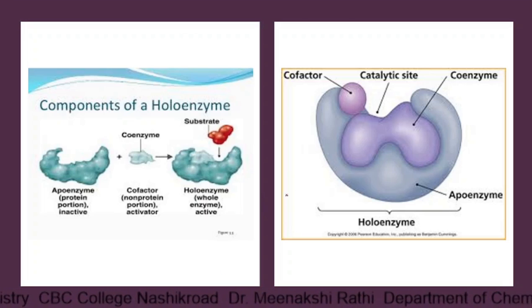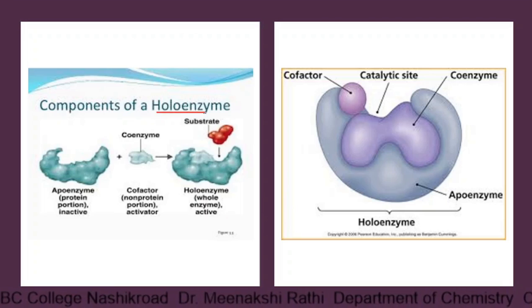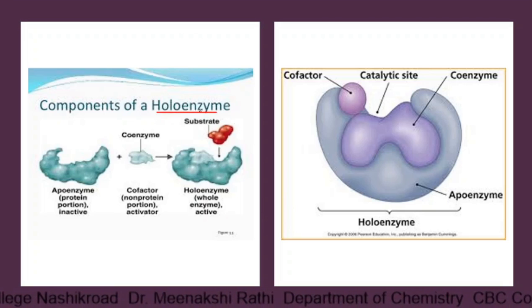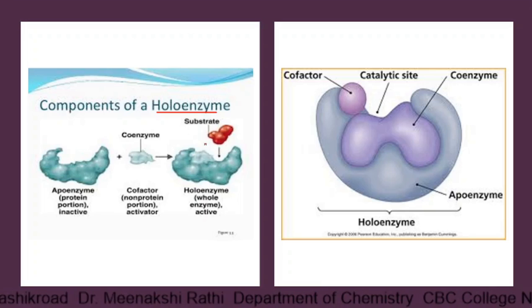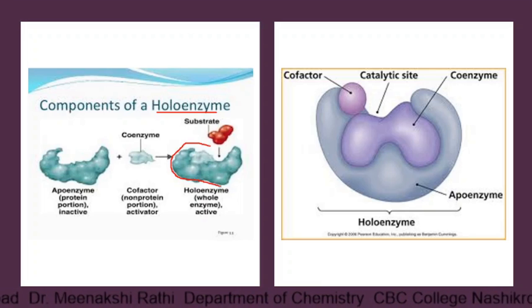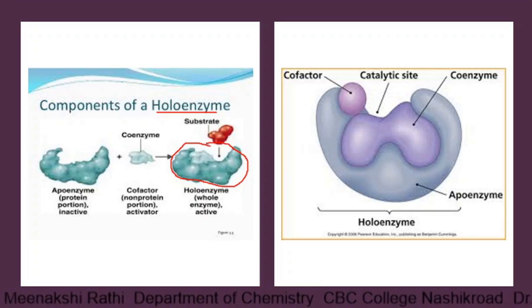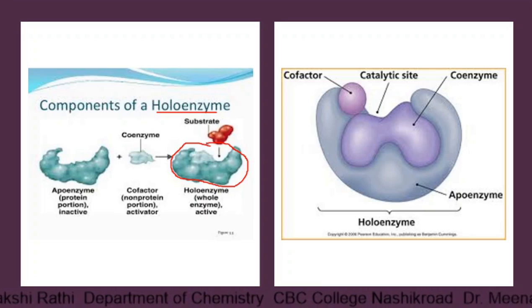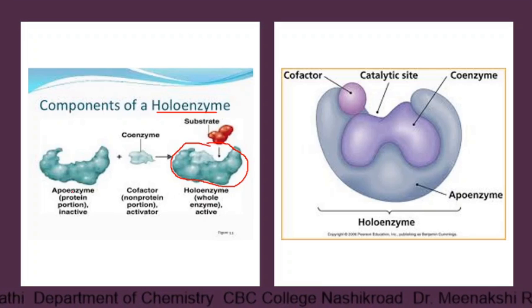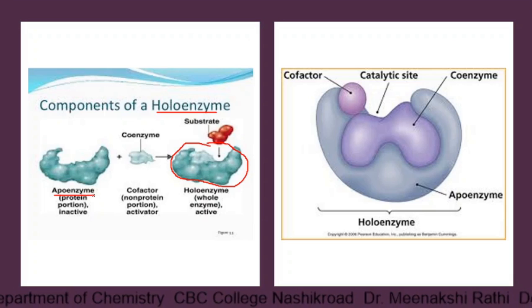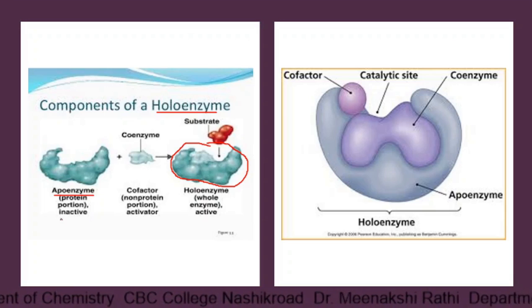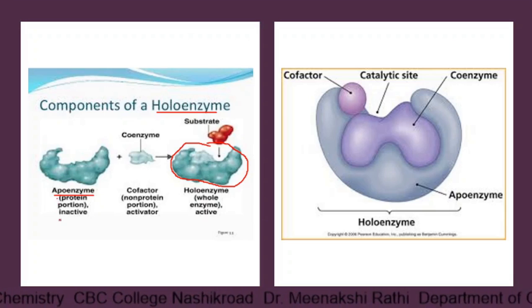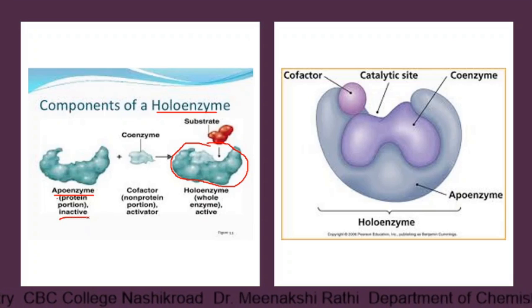Now see here, the holoenzyme, or the whole enzyme, the complete enzyme. Holoenzyme is made up of two parts, that is apoenzyme. Apoenzyme is a protein part, but it is inactive.